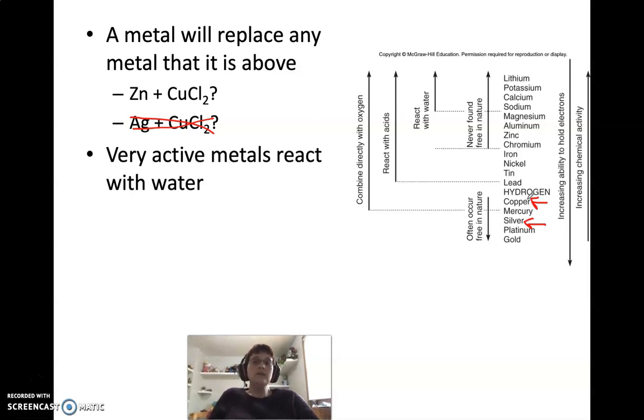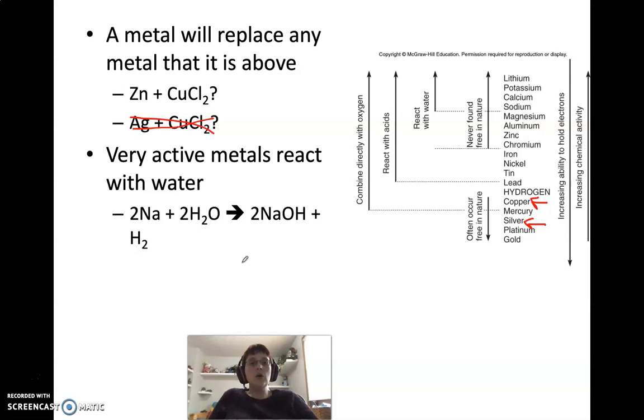Now, very active metals will react with water, and that's because of the hydrogen. So you've got sodium, you've got water, so the sodium will switch and you'll get sodium hydroxide and hydrogen.